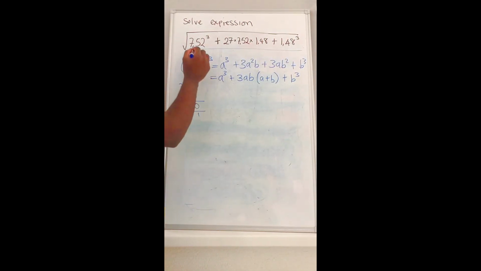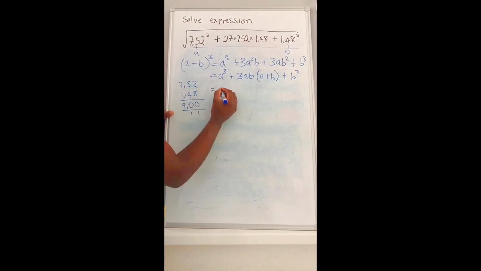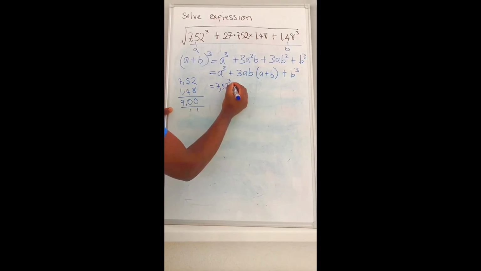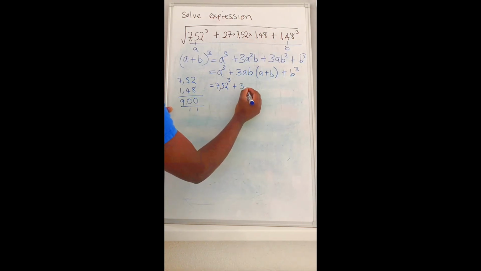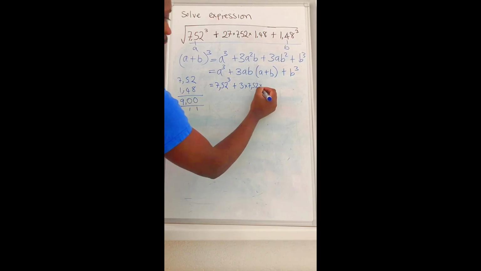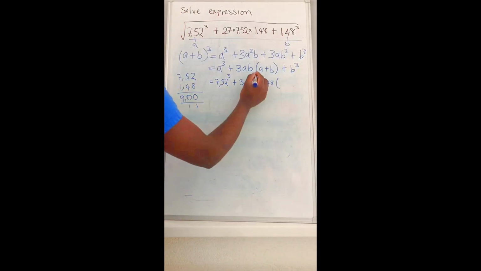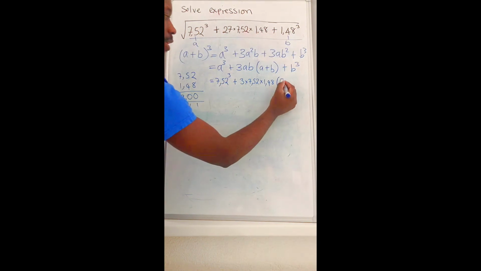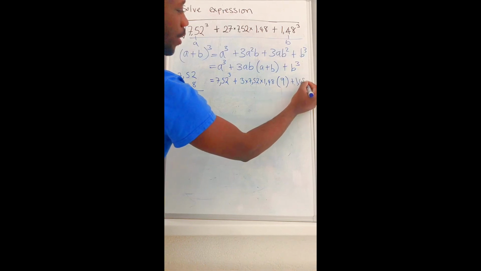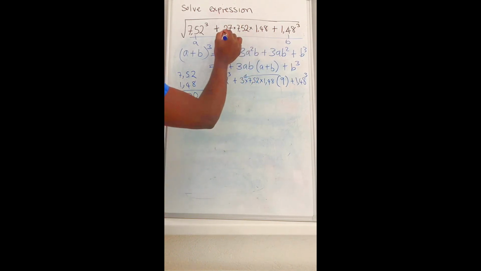So if you were to say this was your a and this was your b, what you have will be 7.52 cubed plus 3 multiply 7.52 times 1.48. Then here in the bracket, when you add, you have 9 plus 1.48 cubed. 9 times 3, it will give you 27.